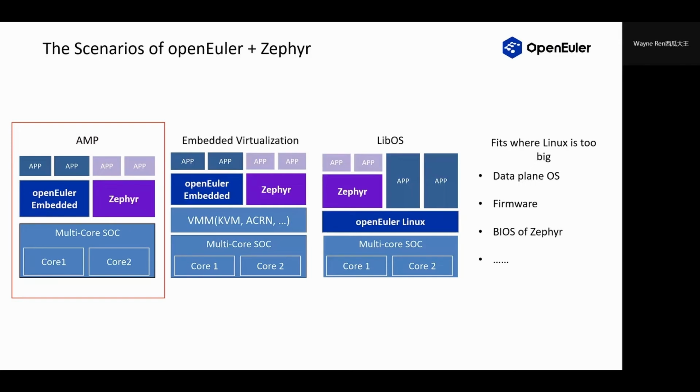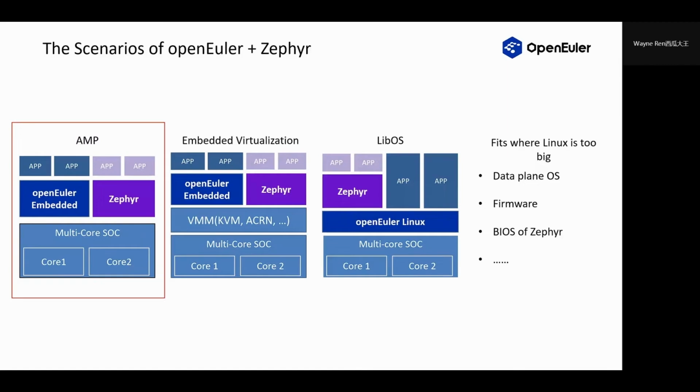Number two, embedded virtualization mode. This mode can be viewed as an enhancement of AMP mode. With the help of an embedded hypervisor like KVM, ACRN, or Xen, strong isolation and dynamic resource management can be implemented. Number three, LibOS mode.